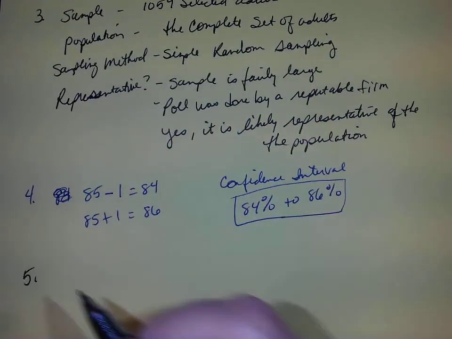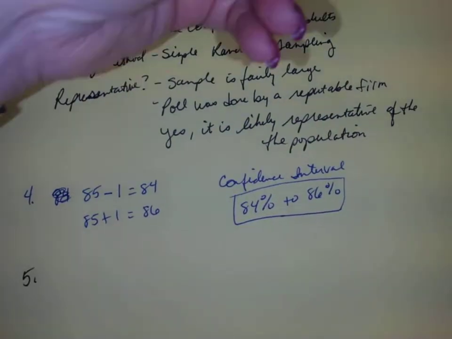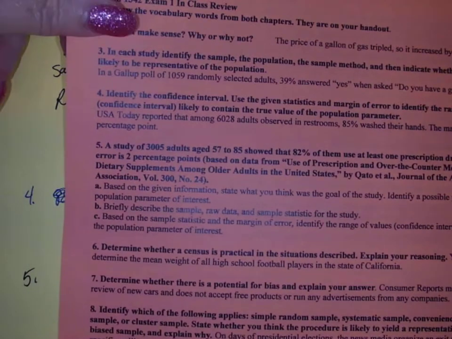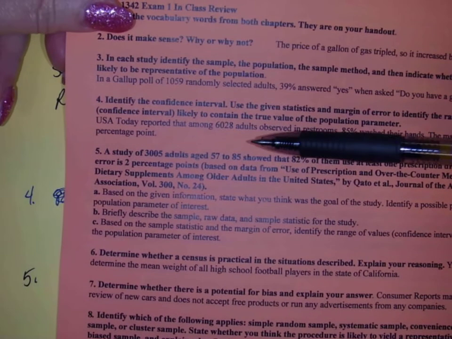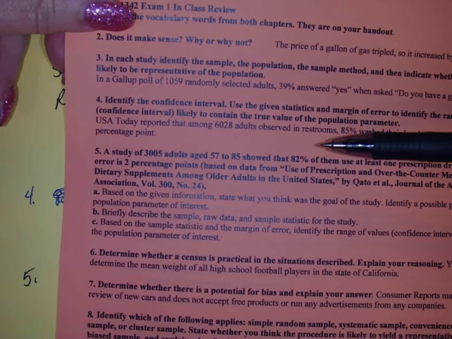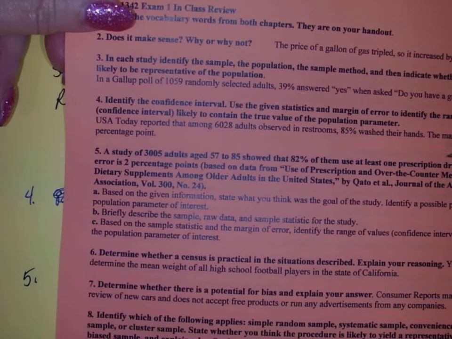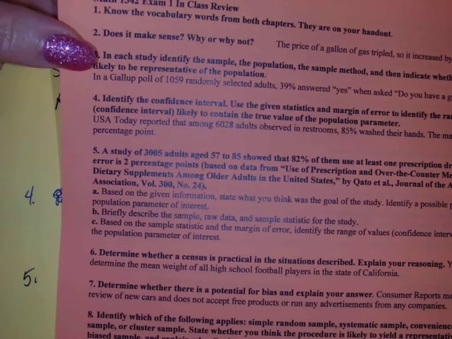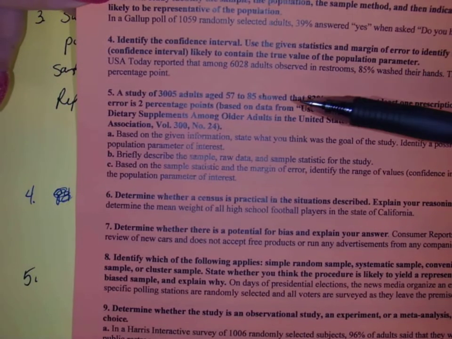All right, number 5. A study of 3,005 adults aged from 57 to 85 showed that 82% of them use at least one prescription drug. The margin of error is 2 percentage points, and it's done by this whole study. All right.